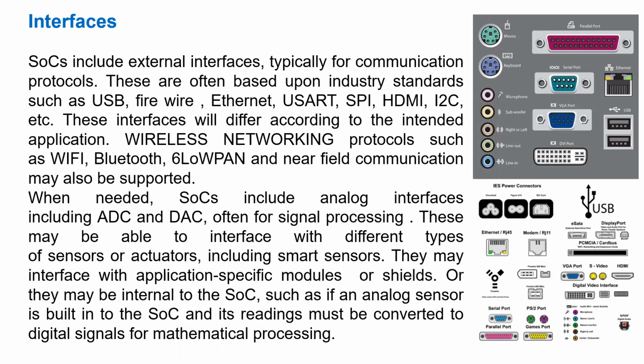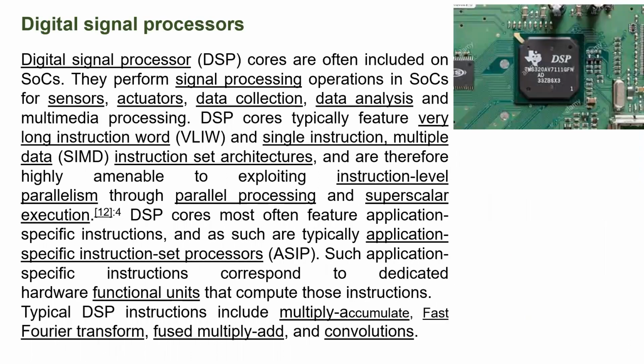Okay, now let us move to the next point, which is a very important point, as you can see here, regarding the digital signal processor. The digital signal processor is one of the important components of your system on chip.